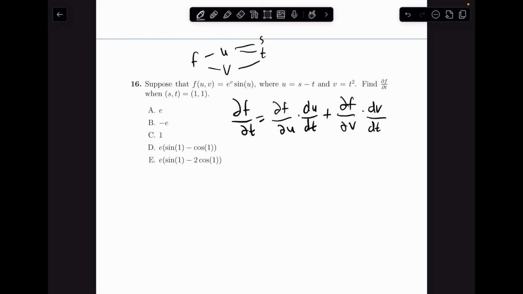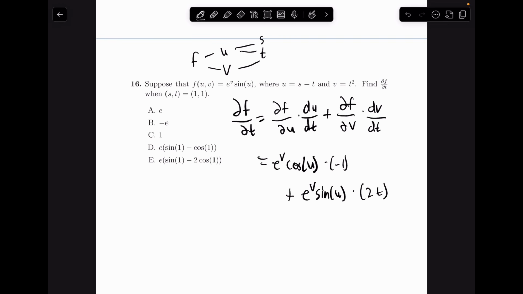Okay, great. And let's go ahead and do some of these things out. Df du is going to be just the partial in u of that thing right here. It's going to be e to the v, no, this time it's cos u times du dt, which is just negative 1, and then plus df dv, which is just e to the v sine u times dv dt, which is 2t.